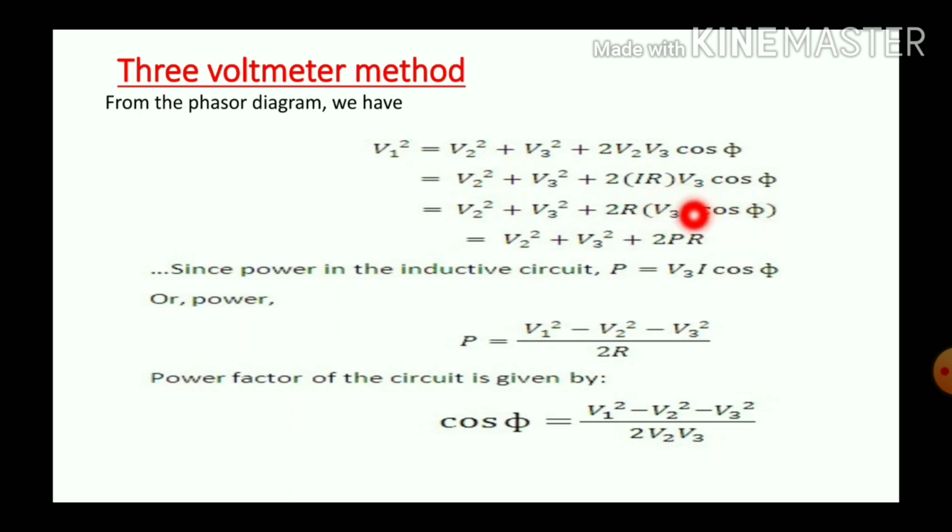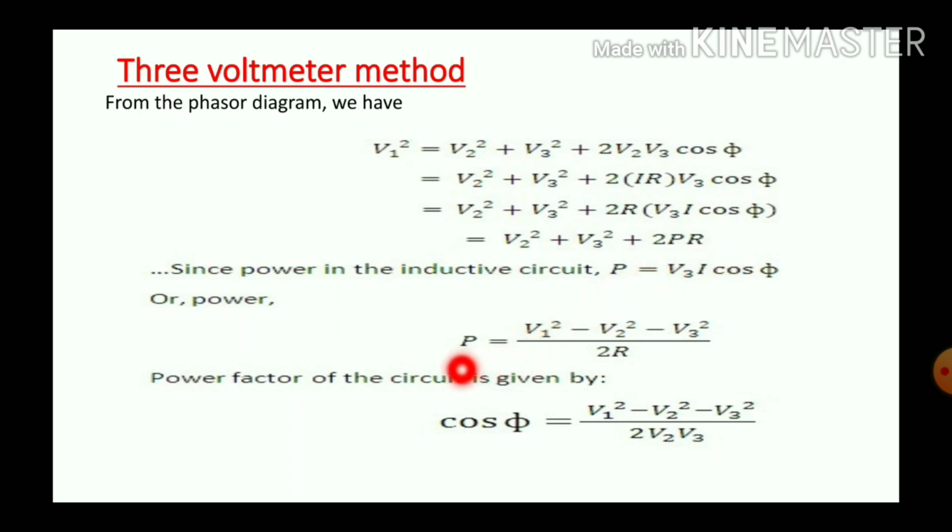See the term, it is V3 I cos phi. V3 I cos phi is our power. So the equation becomes V1 square equals V2 square plus V3 square plus 2P into R.